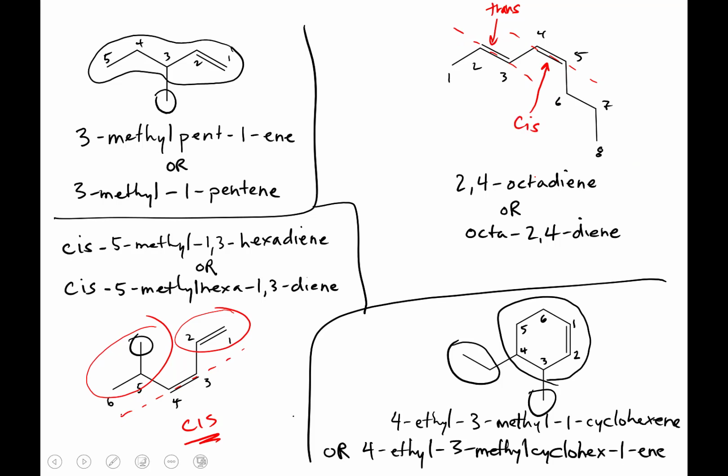Okay, now I do have to write that into my nomenclature, and because there are double bonds at positions 2 and 4, I also list them in that order.